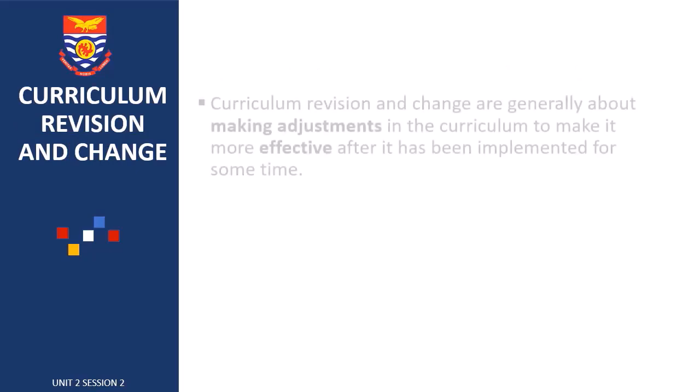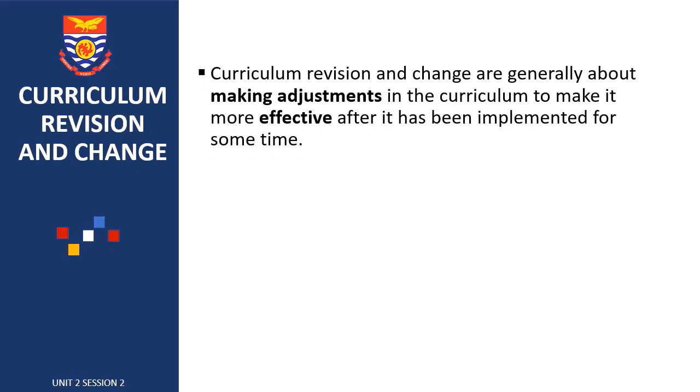Curriculum revision and change. Curriculum revision and change are generally about making adjustments in the curriculum to make it more effective after it has been implemented for some time. This is required after a while when the curriculum is in use. We look at making adjustments to suit some situations so that it is effective for all.